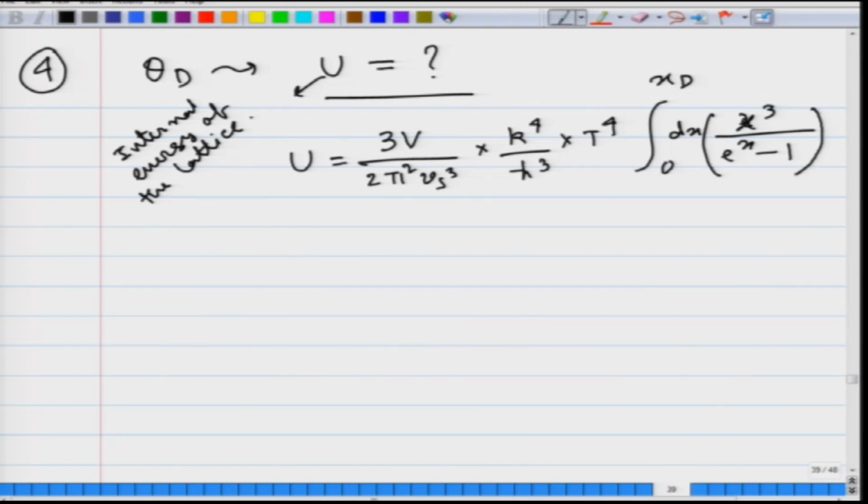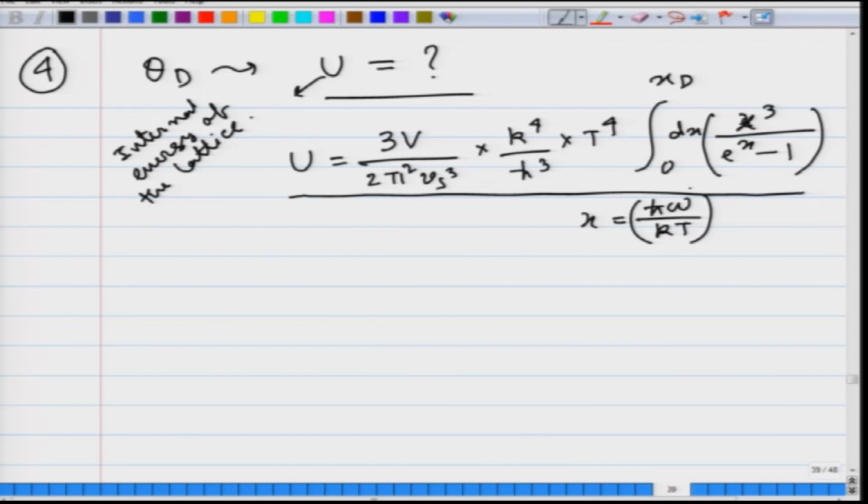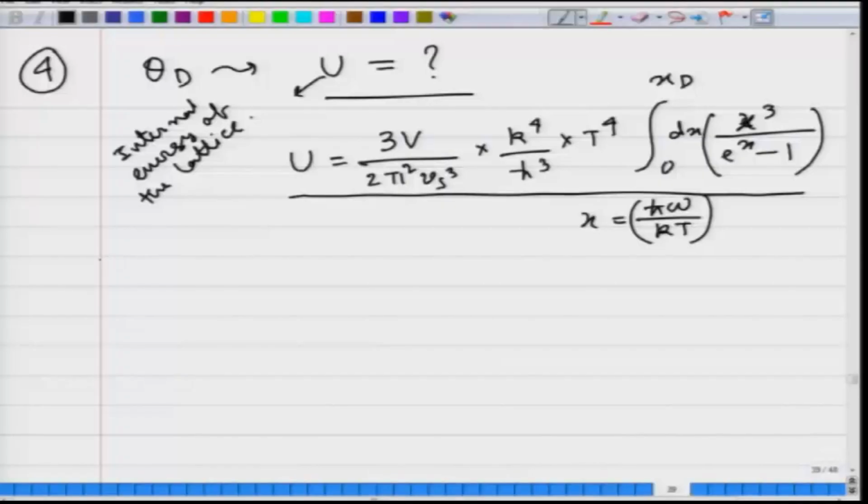This was also derived in the lectures by Professor Halder, and there x is written as h cut omega by kT. This was the form of the internal energy. This is also done in the book of Charles Kittel, chapter 5, you can see also here. Here x_D I can write as theta D by T, where theta D is my Debye temperature.